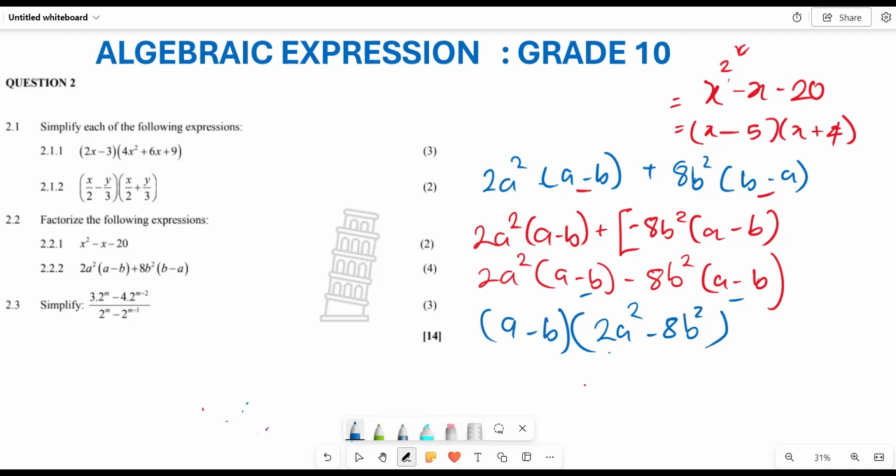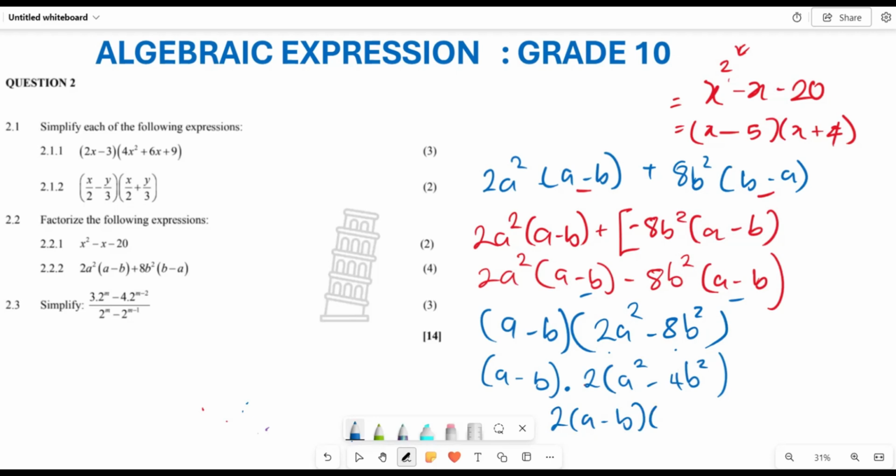I want you to look at this. Can you see that here I have a common factor of 2 between the 2 and also the 8, right? So this is the same as a subtract b, multiplied by, for example, I can take out my 2 as a common factor here. Then I am left with a squared subtract 4b squared. Altogether, this is the same as 2 into a subtract b.